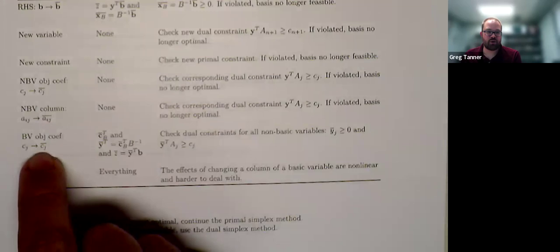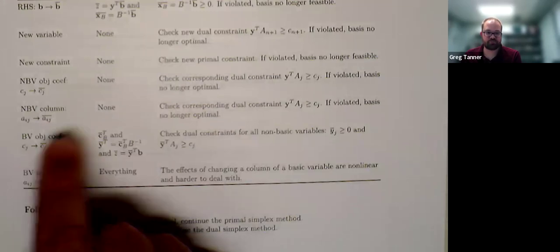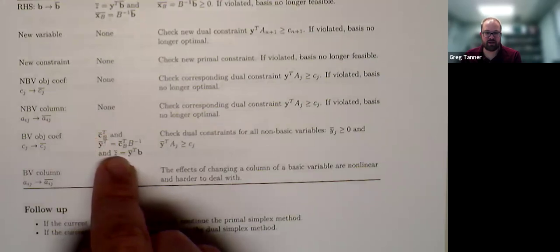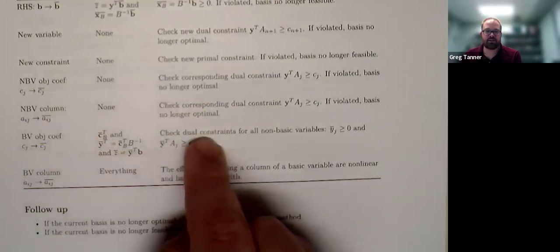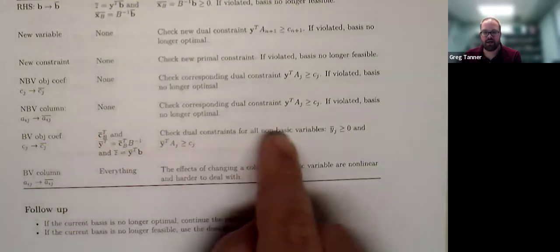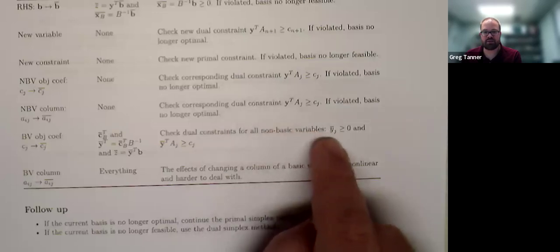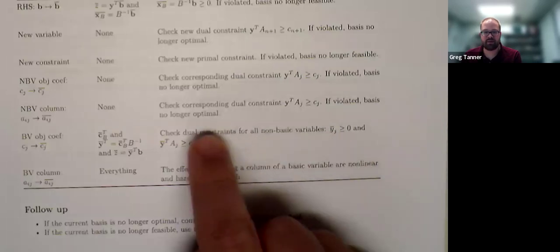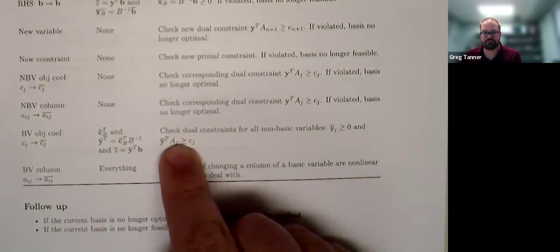If you make a change to a basic variable objective coefficient, then C_B changes, your dual variables change, and your objective value changes. You're going to need to check the dual constraints for all non-basic variables. So you're going to need to check that the dual variables are non-negative and the dual constraints are satisfied.